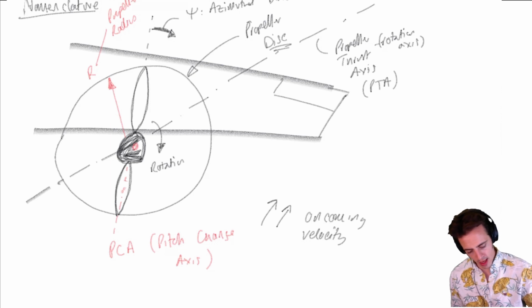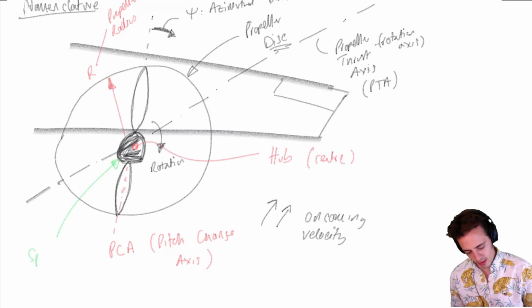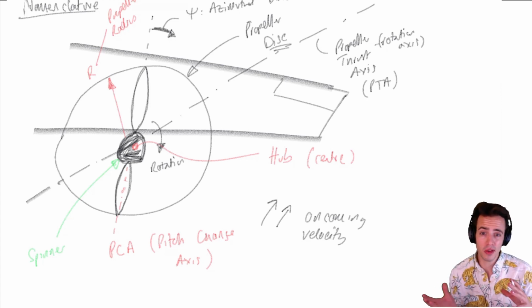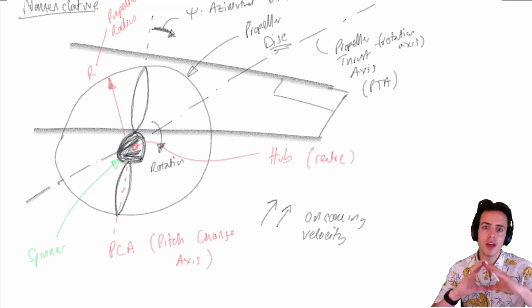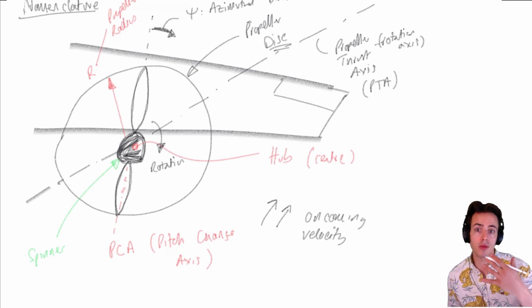So let's say right here, that's the hub, which is the center, and this body here, we're not going to really look at the spinner too much, but that's called the spinner, which is just an axisymmetric body that provides a faired body around all of the complex machinery that deals with the pitch change.